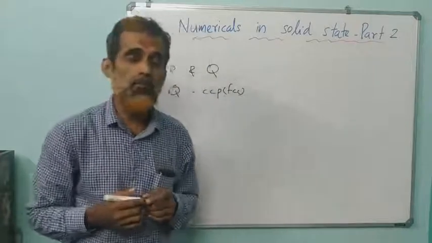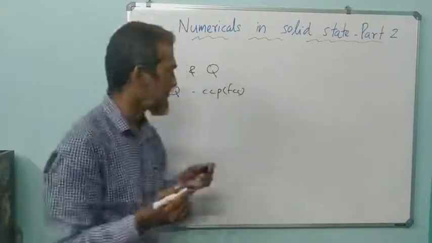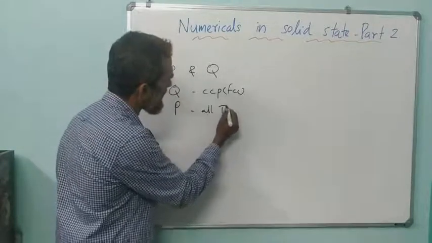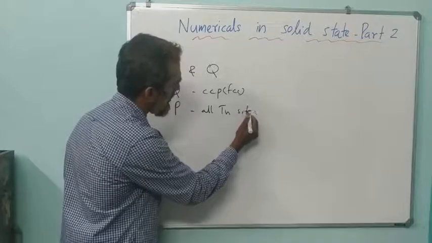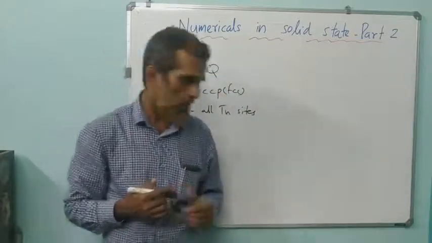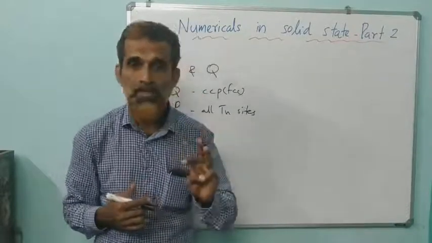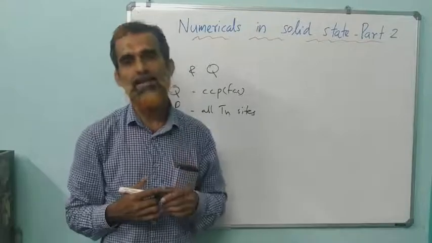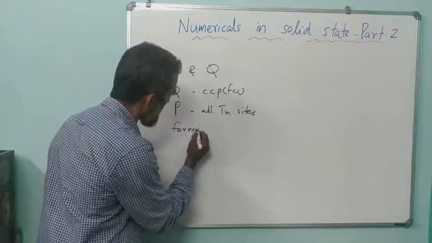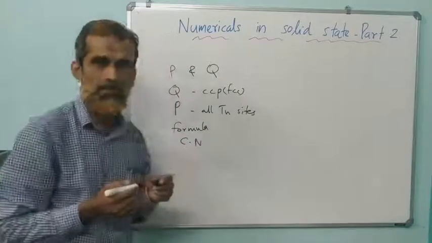And atoms of P occupy all tetrahedral sites or tetrahedral voids. The question is, what is the formula of the compound and what is the coordination number of each atom? These are the questions.